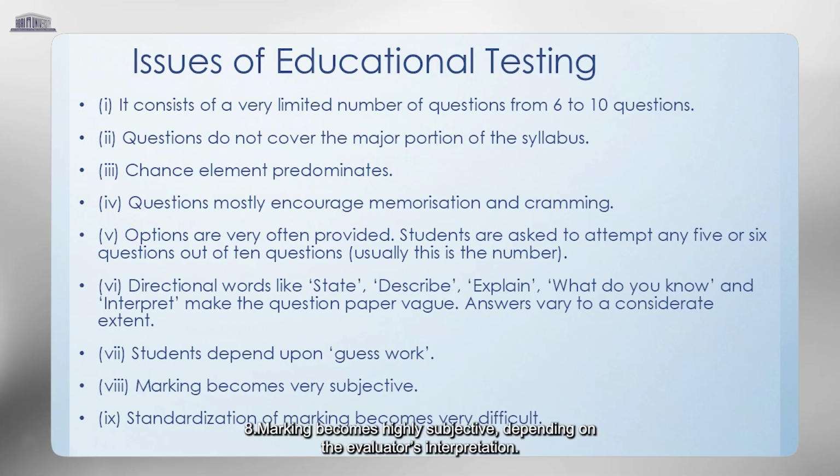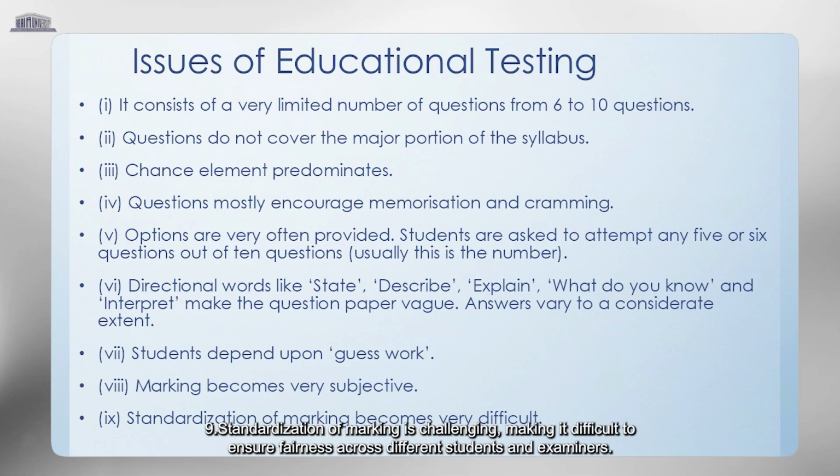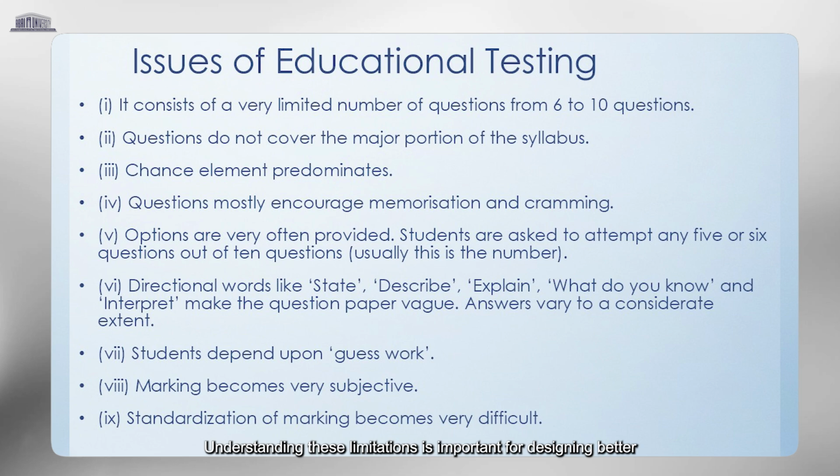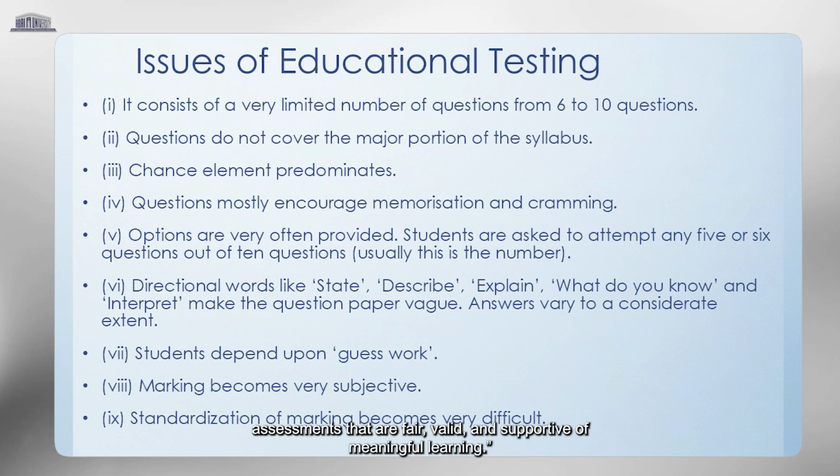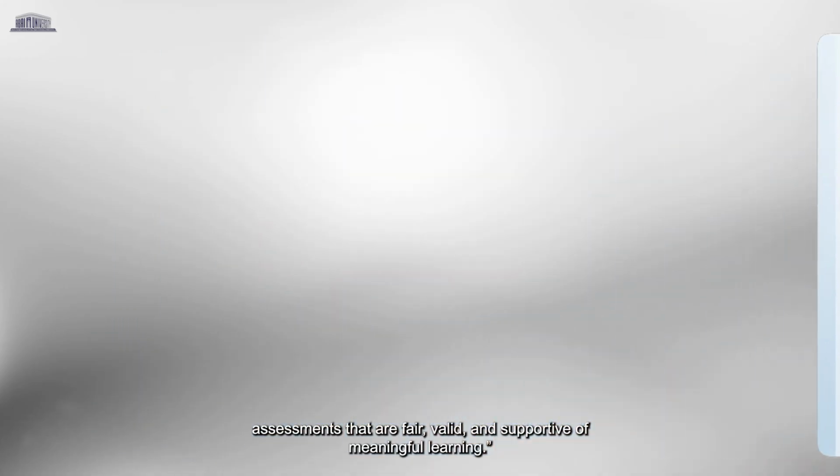Marking becomes highly subjective, depending on the evaluator's interpretation. 9. Standardization of marking is challenging, making it difficult to ensure fairness across different students and examiners. Understanding these limitations is important for designing better assessments that are fair, valid, and supportive of meaningful learning.